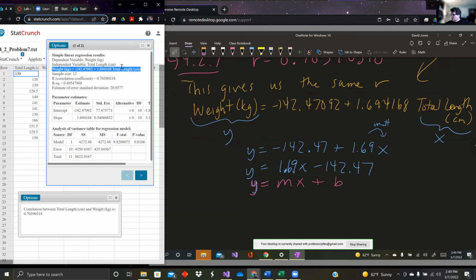So it's telling me the slope of that line is 1.69 and my y-intercept is negative 142.47. We'll look at a little bit more in a little bit, just showing you what kind of information this yields. And so, how can we use the correlation coefficient? What does it mean? Is 0.703 good enough? Is it big enough to say it's a straight line or close to a straight line? How do we decide with our number?